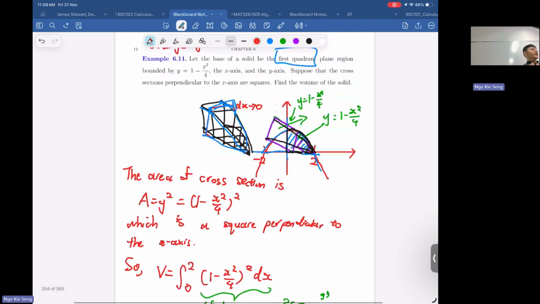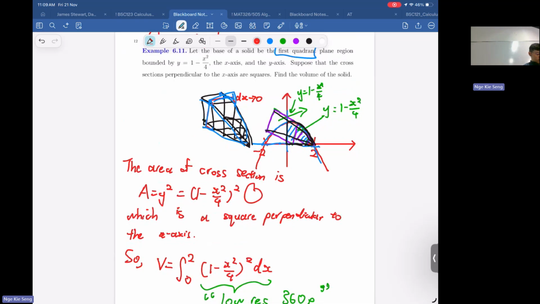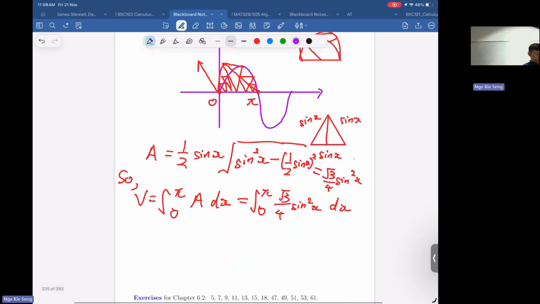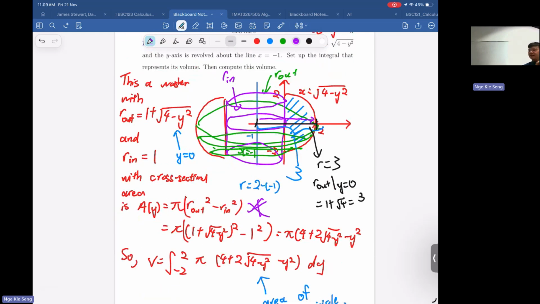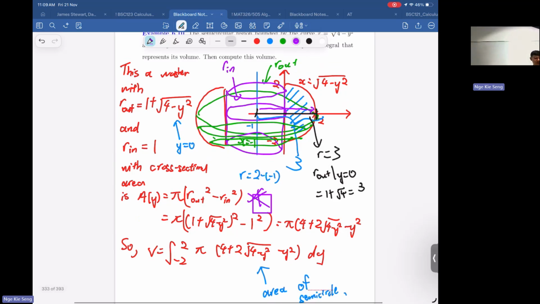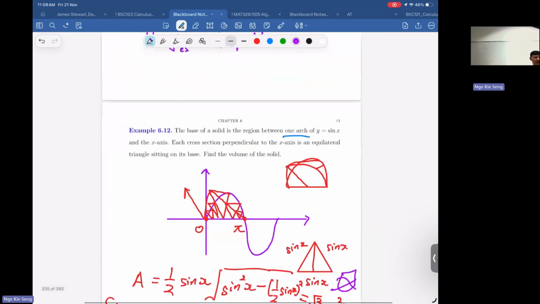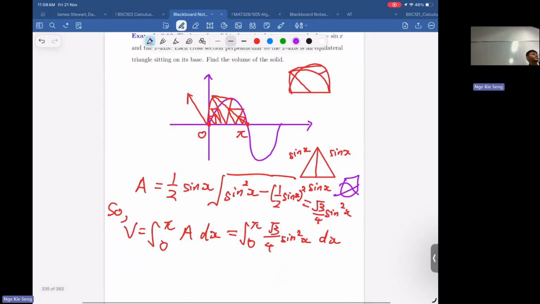Just now we used a formula for a circle, pi r squared, but here the area becomes half of base times height. Any question?